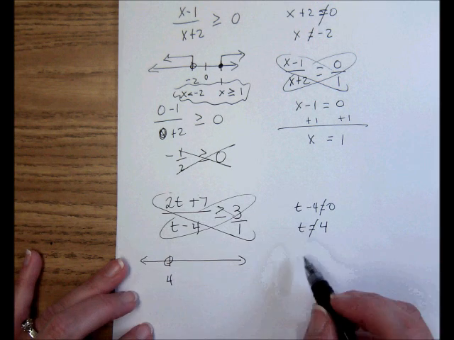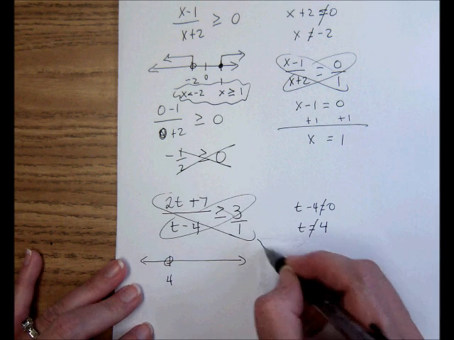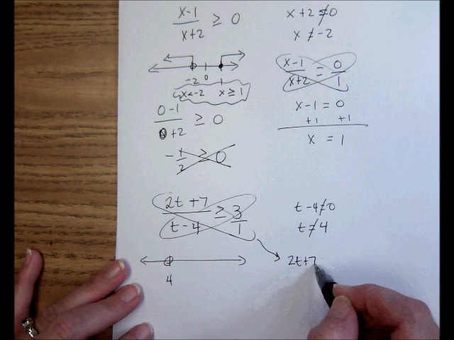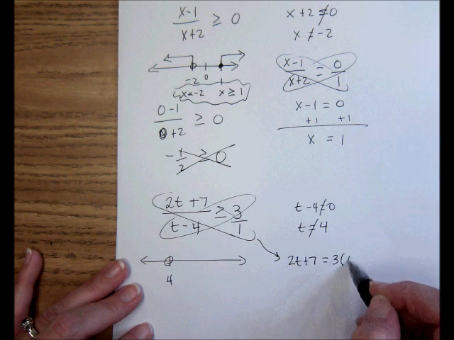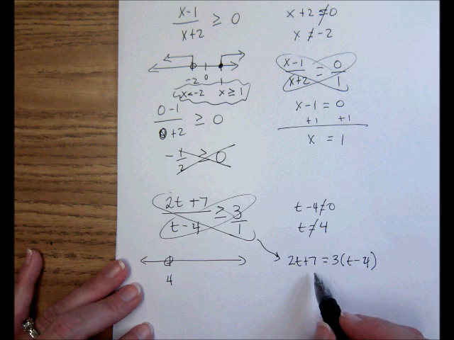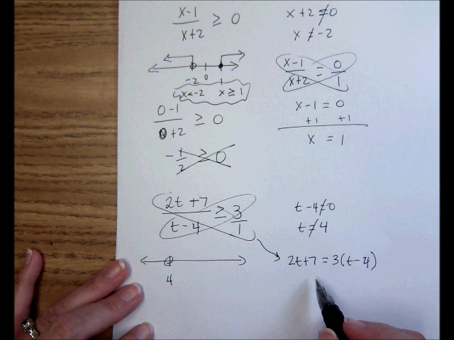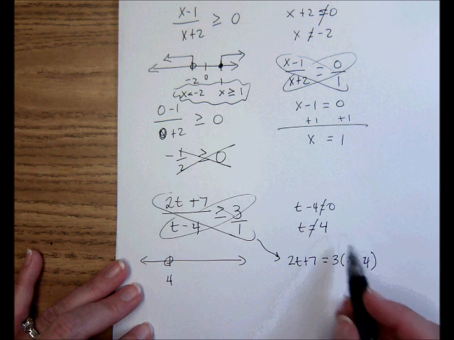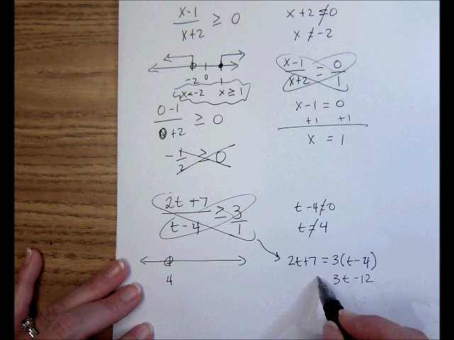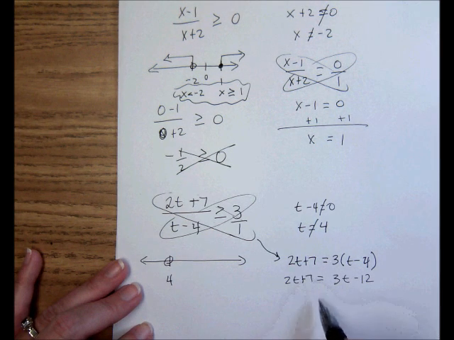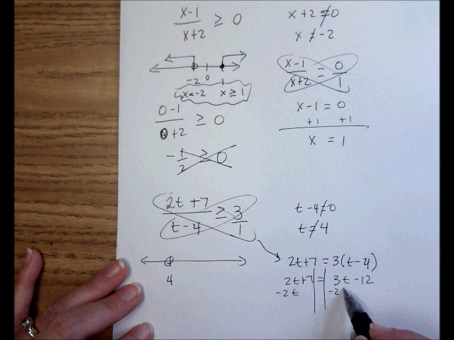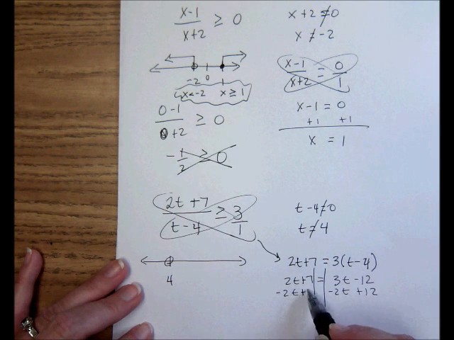My next thing is I set them equal to each other and cross multiply, and that's what I was starting at there. So I'm going to be left with 2t plus 7 is equal to 3 times (t minus 4). So, in this case, I have to distribute, and then I want my t's to be positive, so I'm going to subtract 2t, and I'm going to add 12.